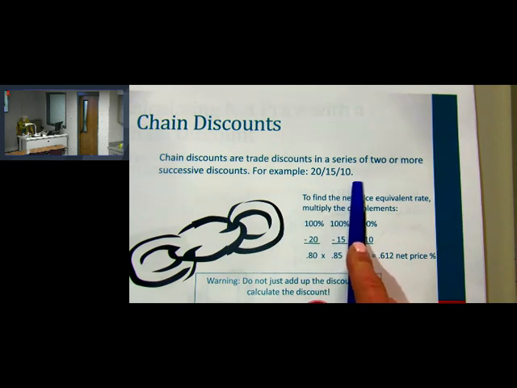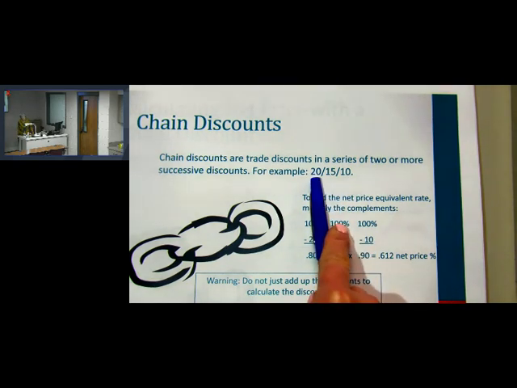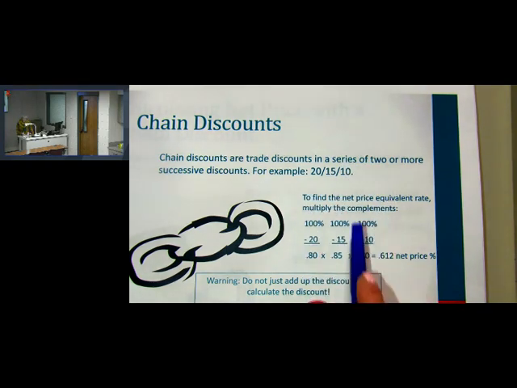So what this means is if your item sells for a given amount, $100, let's use that, you first get off a 20% discount. So on the net price equivalent rate, you're basically getting 20 off, or you're paying 80%.